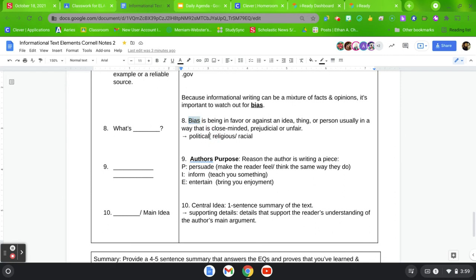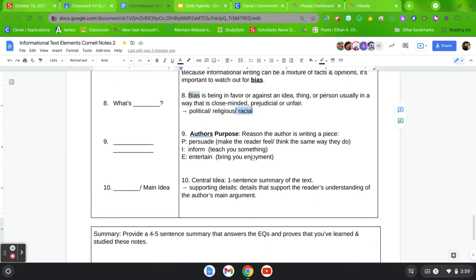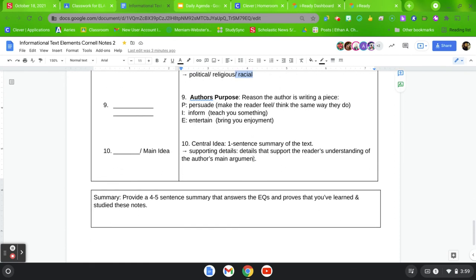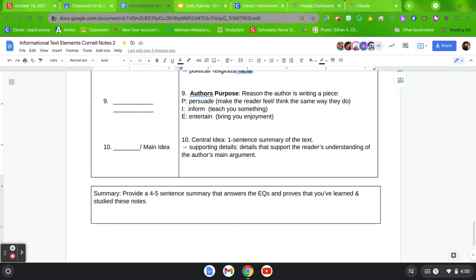Sometimes people have political bias. Sometimes their bias has to do with religion. And sometimes they have different racial biases. Author's purpose. You want to think about the author's purpose when they are writing, because it can help you understand what they're trying to get you to do.